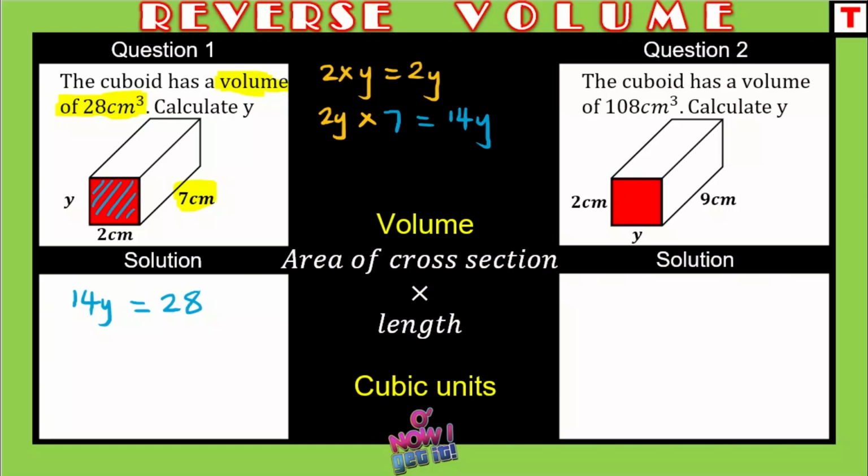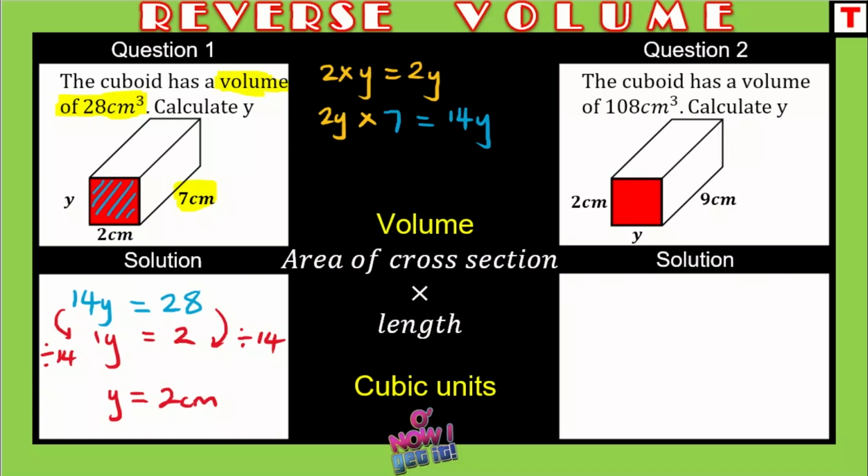So we're going to be solving this equation, and to do this we are searching for 1y. Therefore we are going to be dividing this side by 14 and the right side by 14, and 28 divided by 14 would have been 2. Therefore the value of y would just be 2 centimeters.